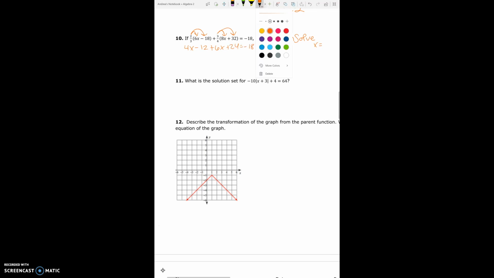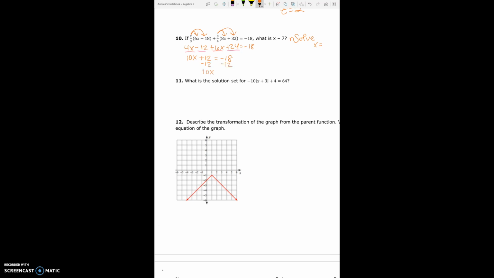So continue this by combining your like terms. I have like terms with these whole numbers, and I have like terms with the x's. So I'm going to do 4x plus 6x to get 10x, and negative 12 plus 24 to get positive 12 equals negative 18. Subtract 12 from both sides.